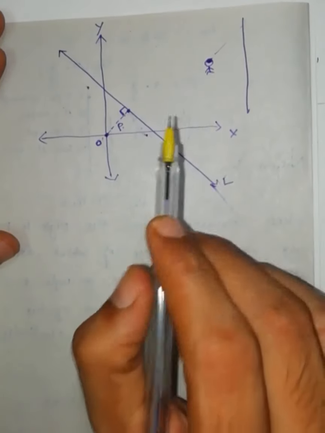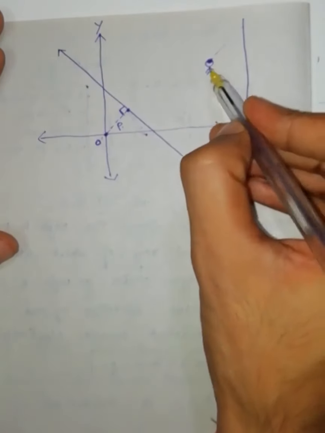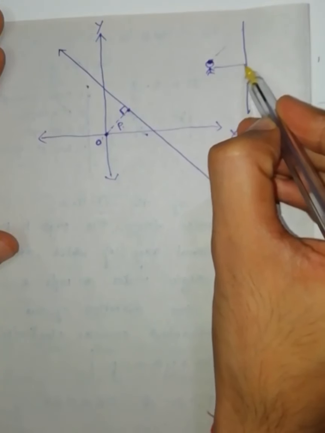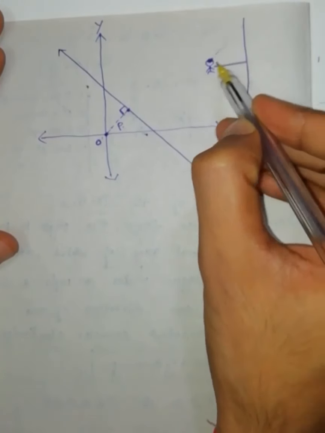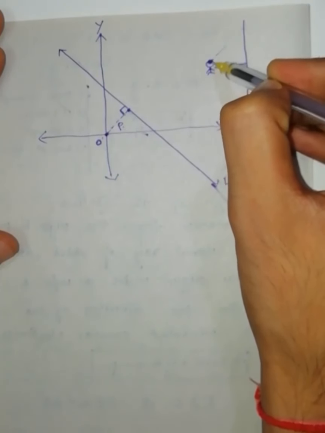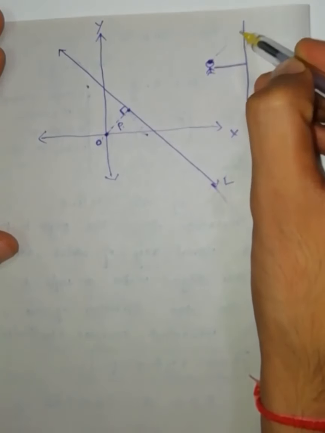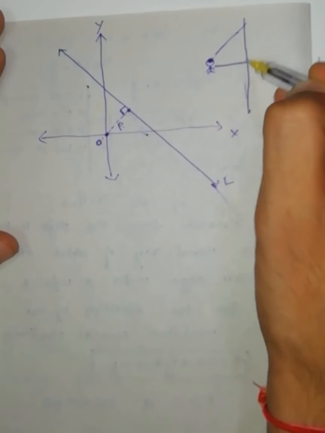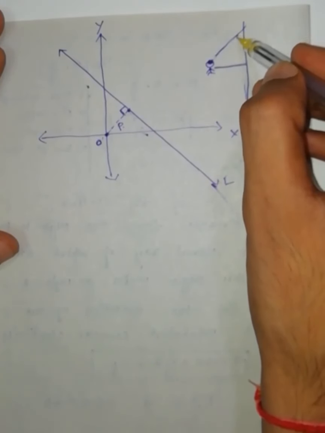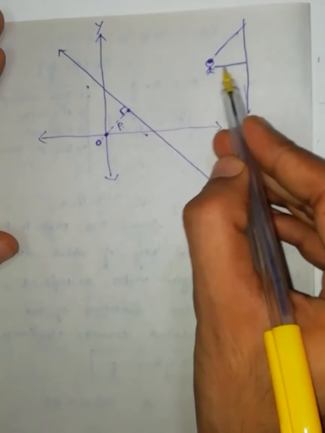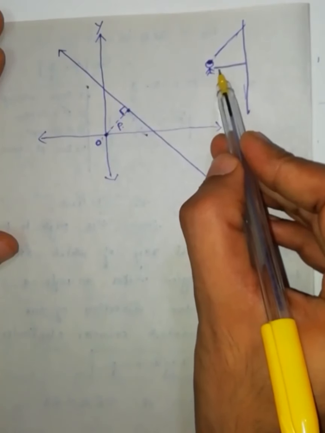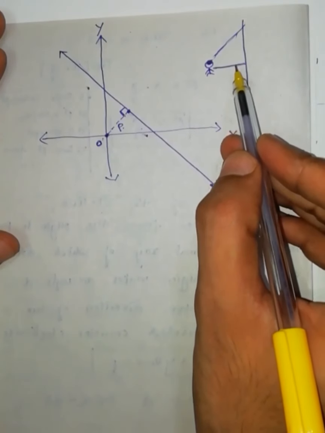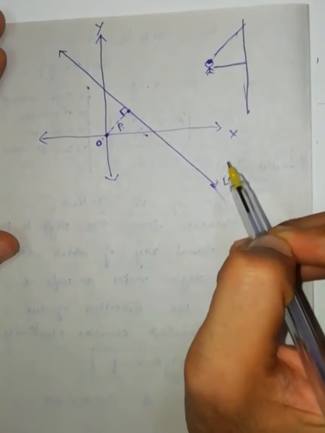Whenever we find the distance, we will find it along this path. We are not going to take this other distance, because that one will be far compared to this one. This is the shortest path, so we will take it as the distance between the wall and the person.